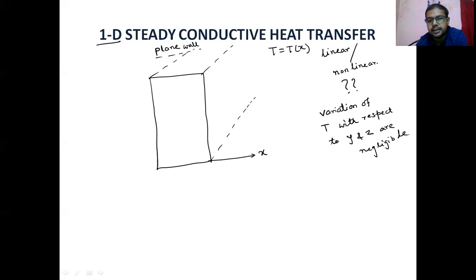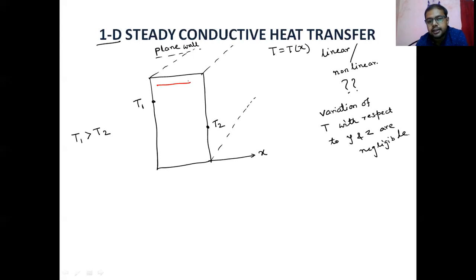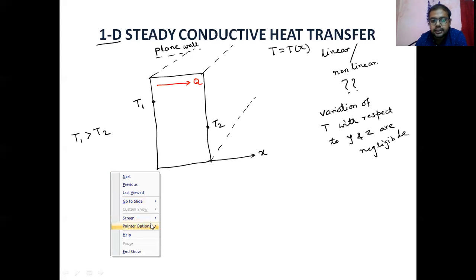There is no variation here. Here the temperature is T1, and here the temperature is the lower temperature T2. According to the plot, T1 is greater than T2, so heat transfer will happen in this direction. Heat transfer is Q.